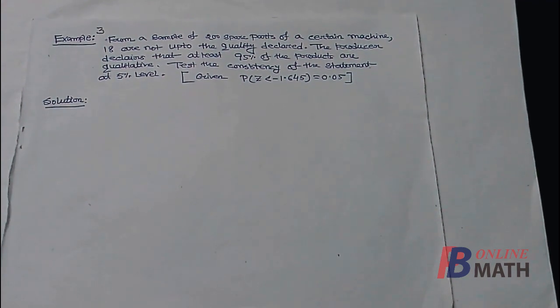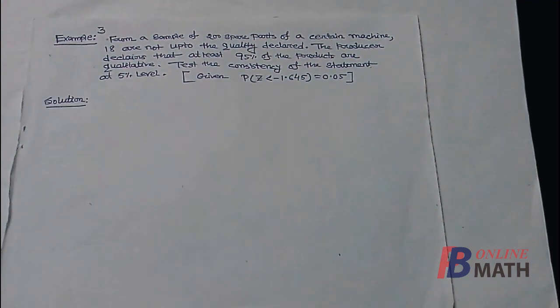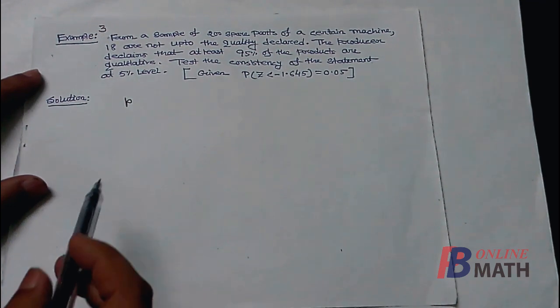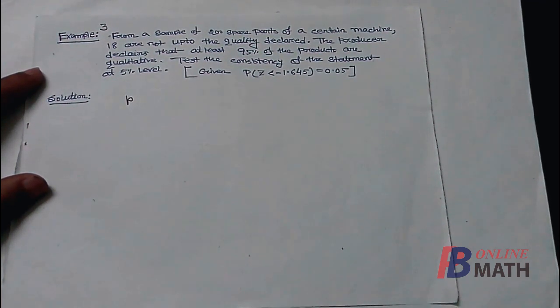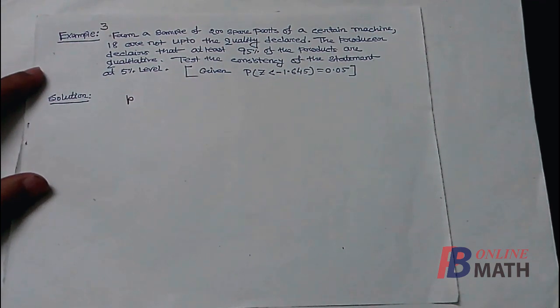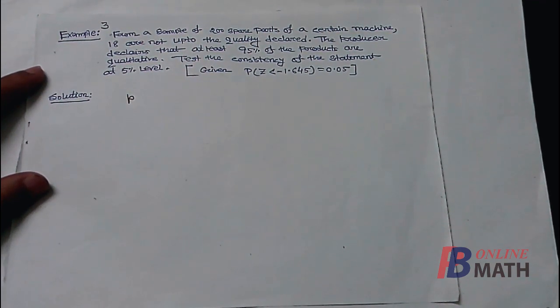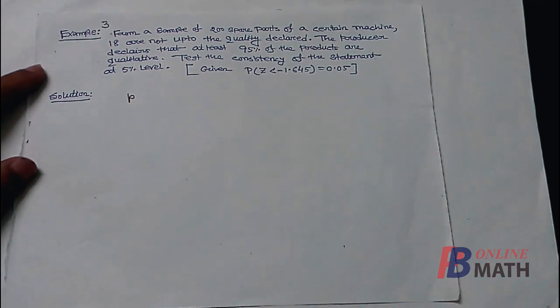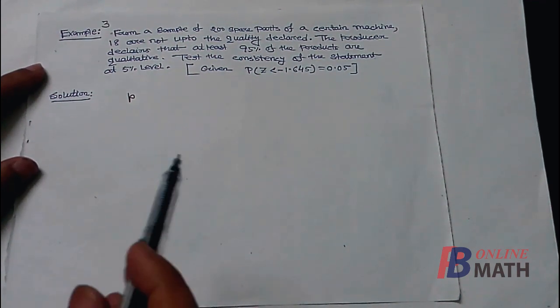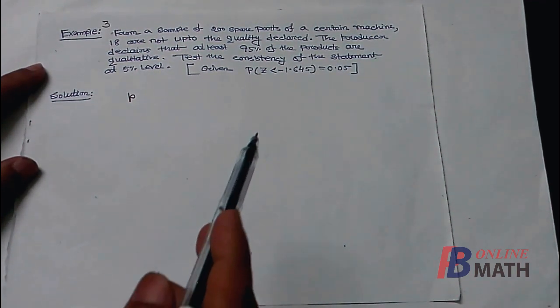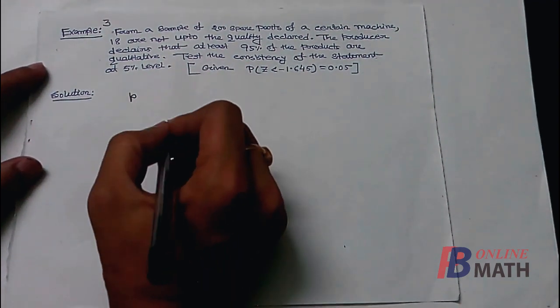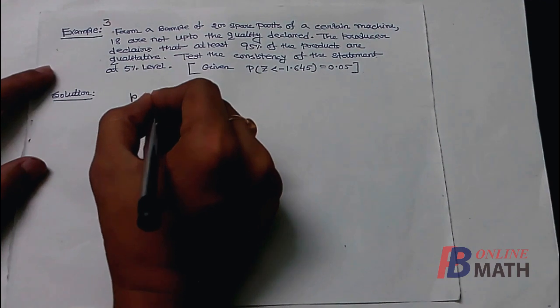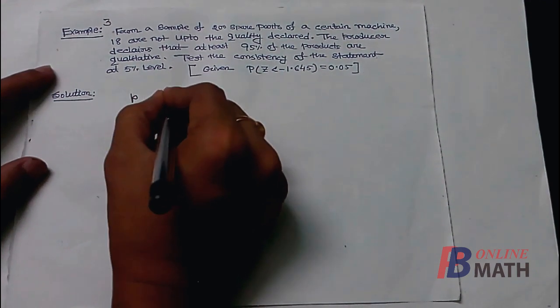Now, to solve this problem, we first assume that small p is the probability of obtaining a defective spare part from the population of the spare parts. And we know that this is the problem of the test of proportion. So the population is nothing but the binomial distribution, and we assume the null hypothesis.